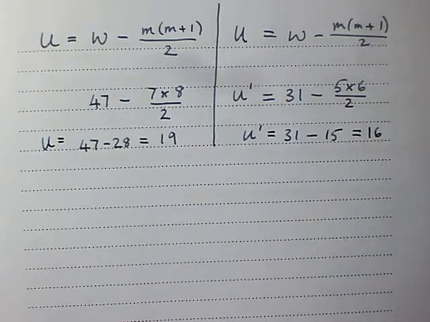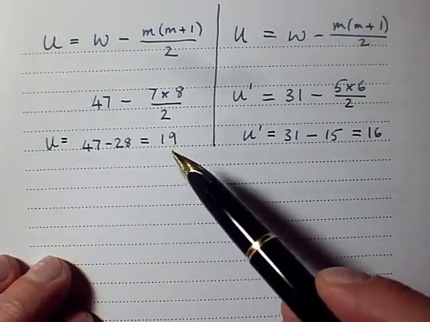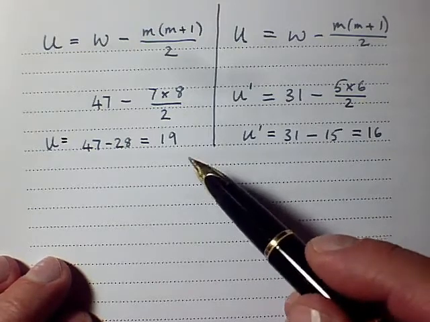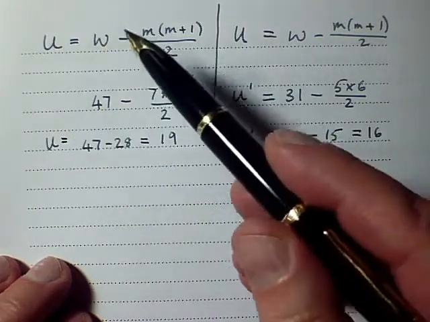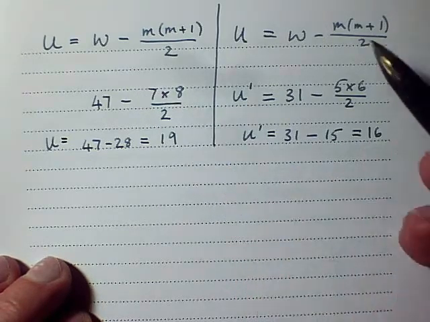So I've gone a slightly long way around, but at least I can see that I've got two different test statistics generated from the two different groups. Now, what these numbers are telling me is that this 19 is telling me that the ranks for this group, the group with 7 observations in it, are tending to be a little bit higher than this other group.